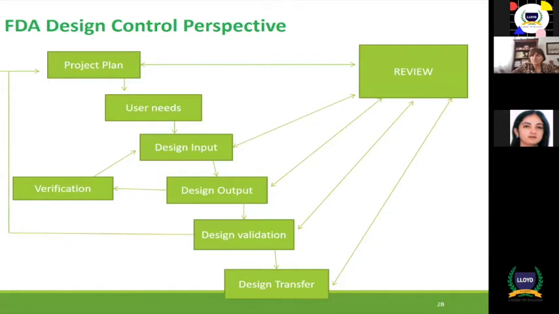What is important from this slide only? Design input, design validation, design transfer. So what they look at in this type of review: how did you evaluate it, the present literature, how do you describe the design, what is the knowledge behind it, whether your procedures or your composition design is knowledge based, and whether there is evidence behind your decisions.